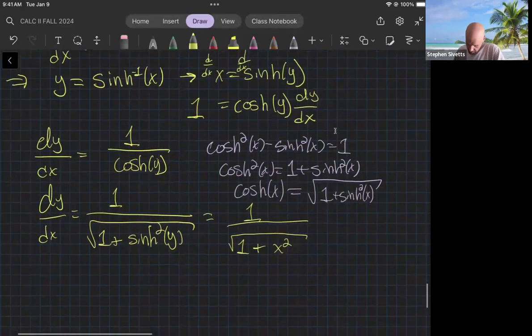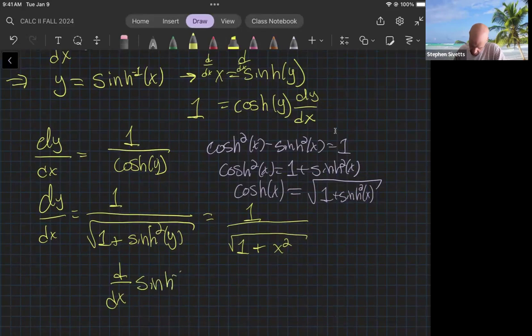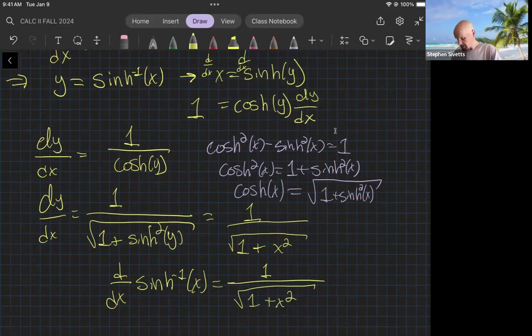And that is the derivative of the inverse hyperbolic sine of x. You can write it as 1 divided by the square root of 1 plus x squared or 1 divided by the square root of x squared plus 1, right?